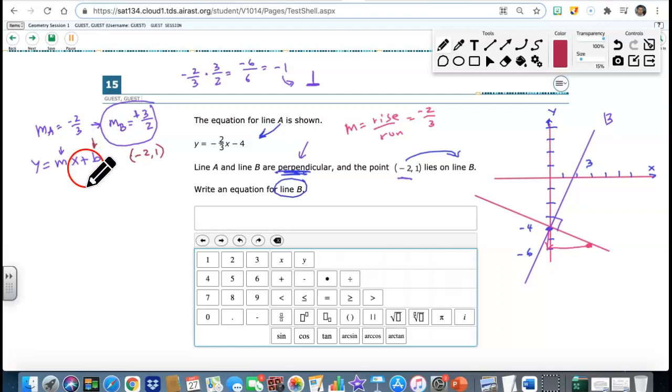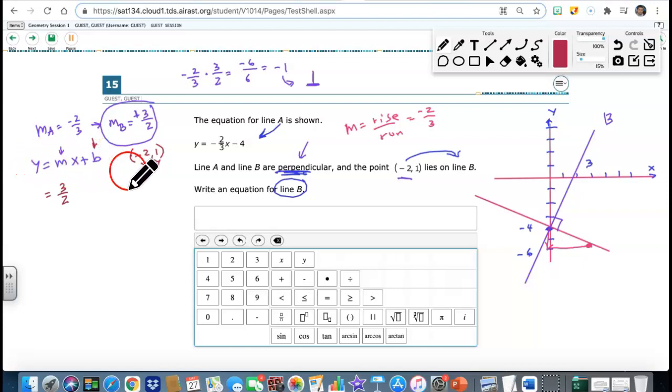Okay, remember, I gotta find my y-intercept. So what I'm gonna do is plug in my slope here. I'm gonna replace the y and I'm gonna replace the x. From where? From my point. The first value of my point belongs to the x, the second value belongs to the y. Alright, let's replace these values in this equation.